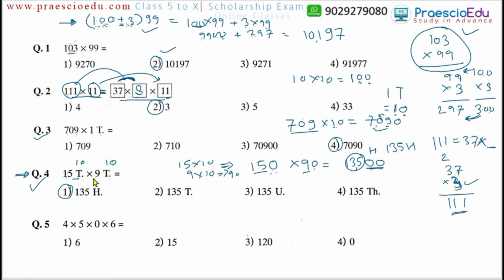Now 150 multiplied by 90: here also 10 is there, here also 10 is there. Either we take 150 by 10 and 9 by 10 separately, so I just note down here 15 multiplied by 9 multiplied by 10 multiplied by 10. Like this also we can do. Now this multiplication we will do separately, and we know 10 multiplied by 10 is 100, so 15 multiplied by 9 is 135, and then 100 we will keep like this: 135 and 100.